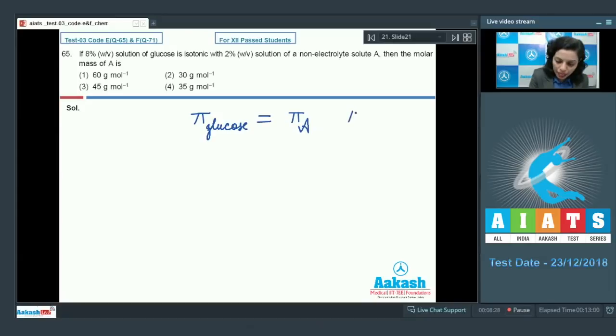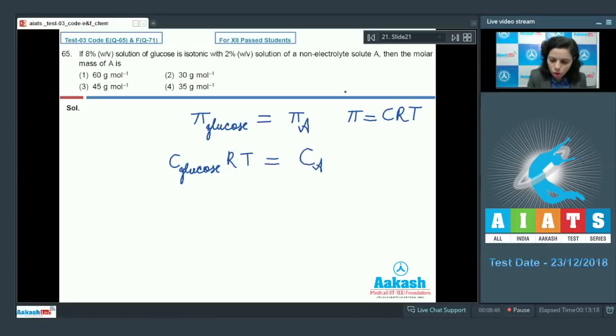And we know that pi is equal to CRT. On the basis of this, we can say that C, the concentration for the glucose solution, into RT should be equal to the concentration for the solution of non-electrolytic solute A, into RT.